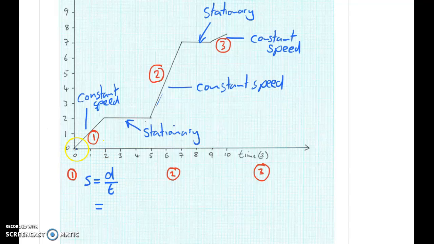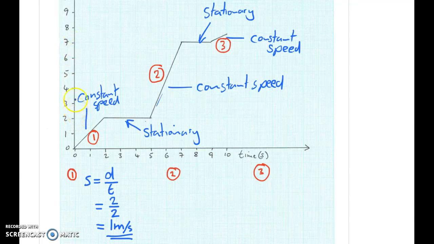And then we plug in the numbers. So for the first bit, it travels 2 meters in a time of 2 seconds, and hence we have a speed of 1 meter per second. And I'm just going to double underline that. Part 2, we can see that its distance increases from 2 up to 7 meters.